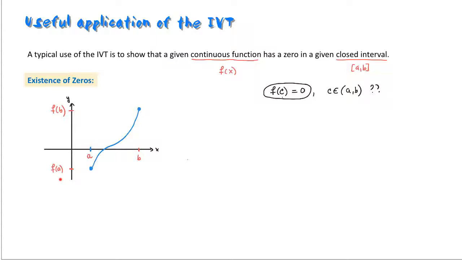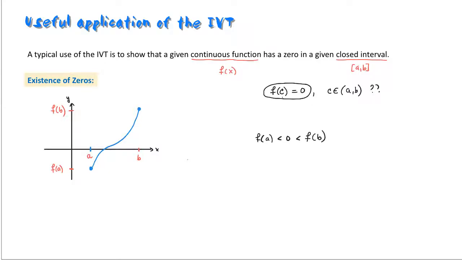So because f of a is negative and f of b is positive, 0 is in the middle. In other words, I know that f of a is less than 0, less than f of b.